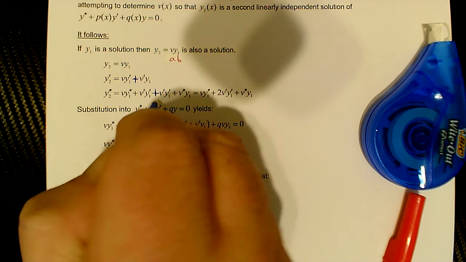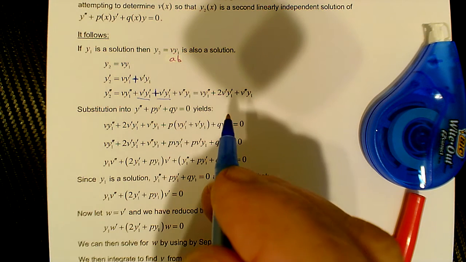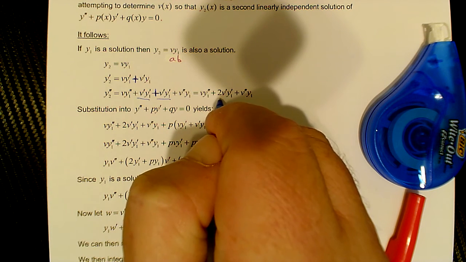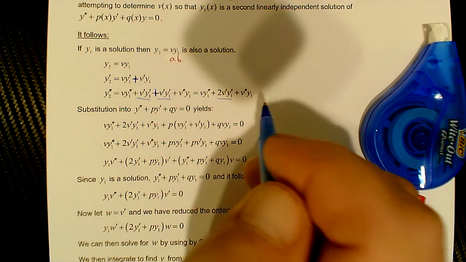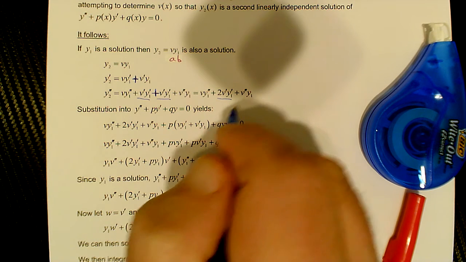So then notice that these two terms are like terms, which combine to give us 2v prime y1 prime.